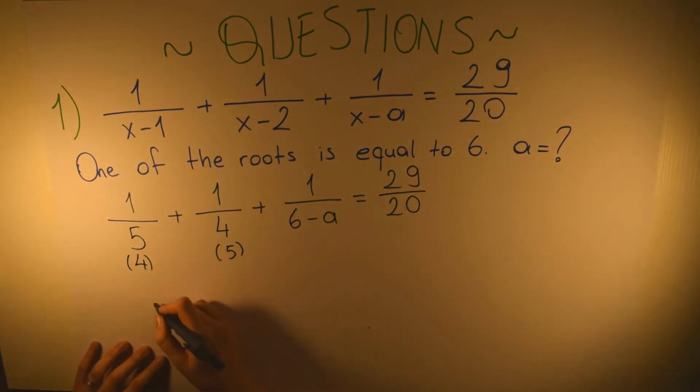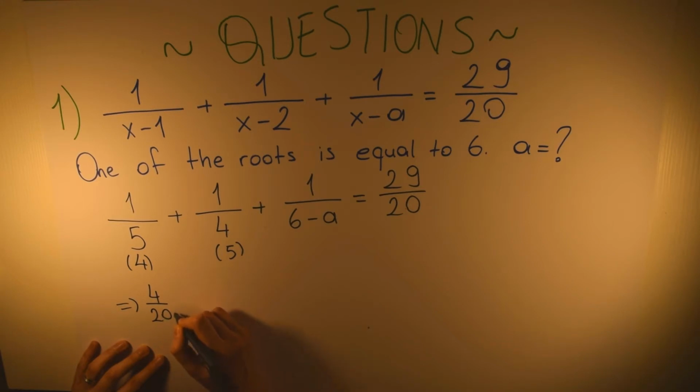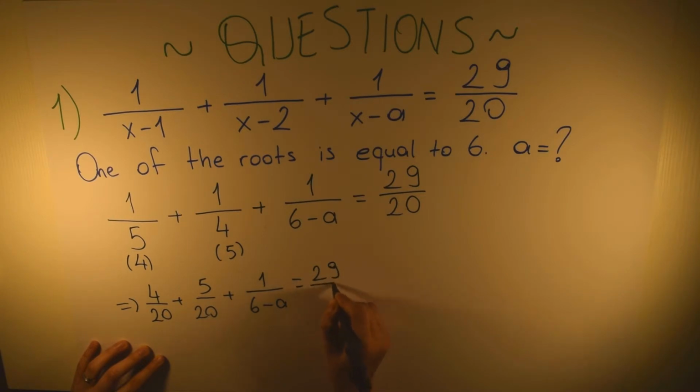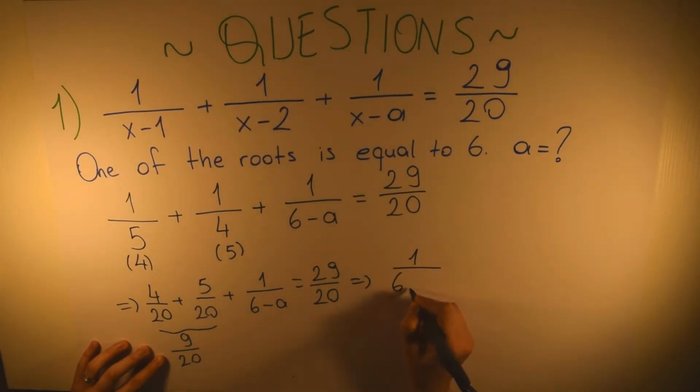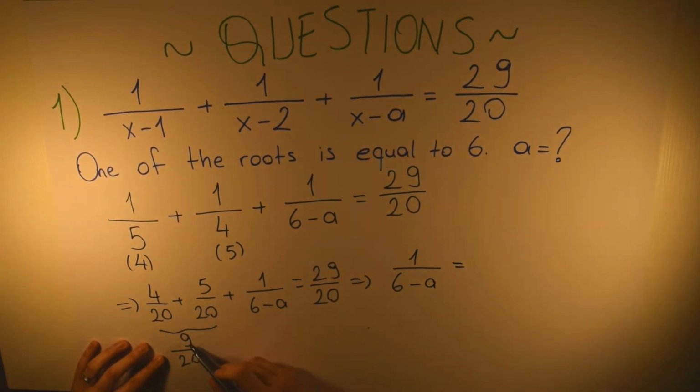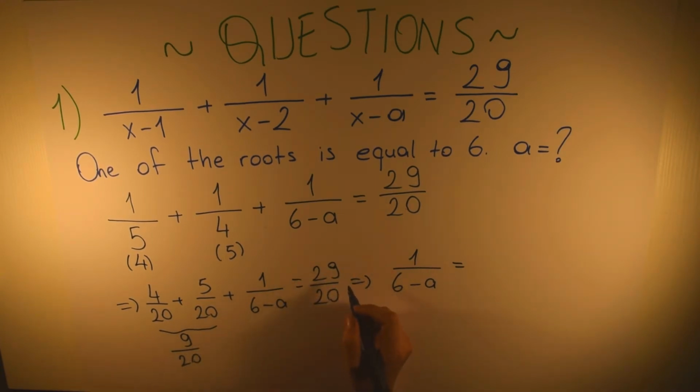Okay, so from here I will get 4 over 20 plus 5 over 20 plus 1 over 6 minus a, which is equal to 29 over 20. So here this is 9 over 20, right? So when I put this value to the other side, it will be 1 over 6 minus a is equal to 29 over 20 minus 9 over 20.